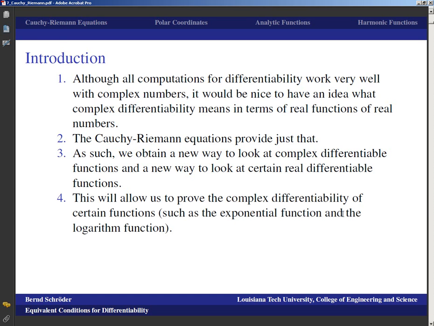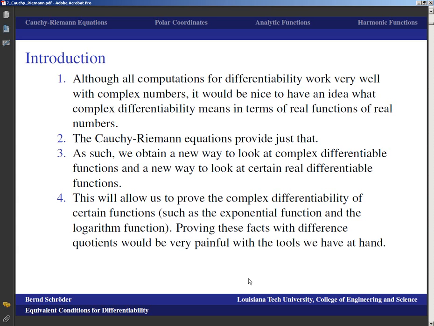Finally, and that's also important, the Cauchy Riemann equations will allow us to prove the complex, and here emphasis on complex, differentiability of certain functions such as the exponential function and the logarithm functions. Proving these facts with difference quotients would be very painful with the tools that we have at hand.